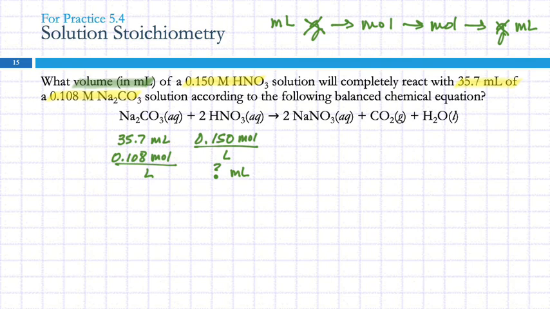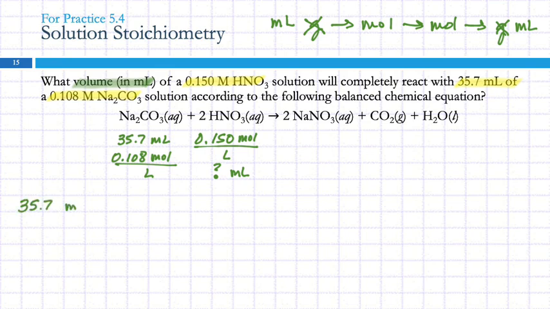And I never have decided which one is best for Chem 1A students. So we'll go with this one. It's kind of in the middle. So milliliters to moles to moles to milliliters. Let's just see how that's going to work out.